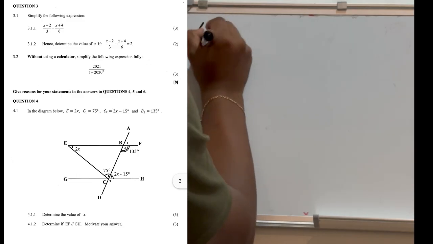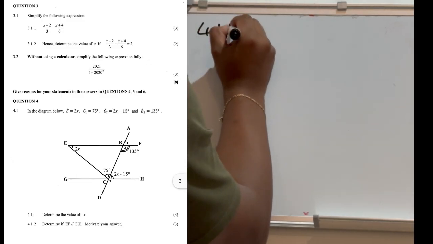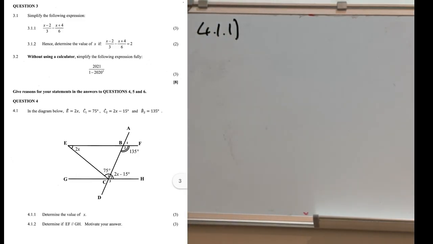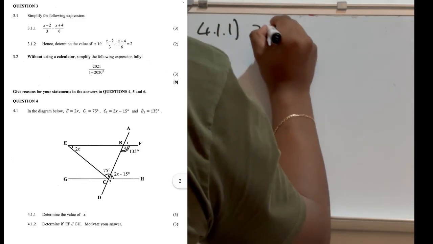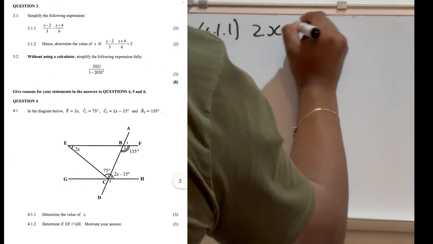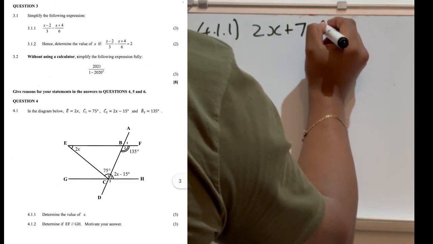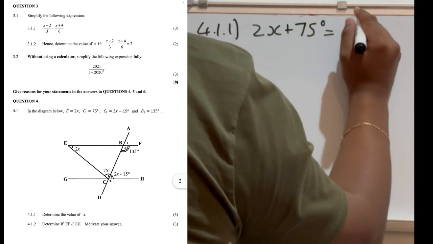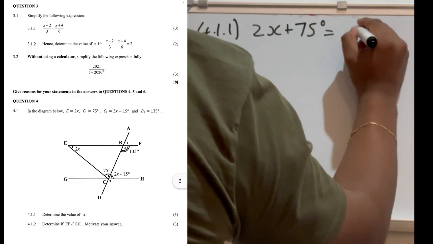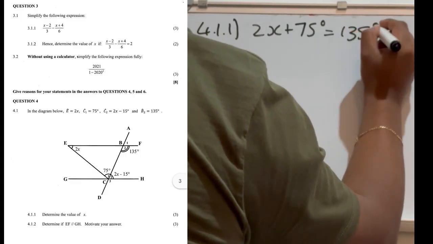Question 4.1.1. Let's say determine the value of x. So the first thing that I'm going to determine is we can say 2x plus 75 degrees is equal to 135. Why?